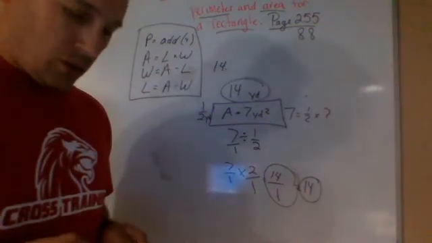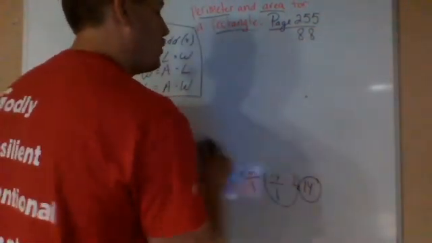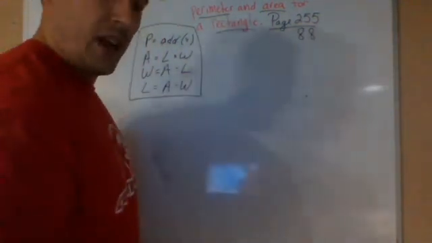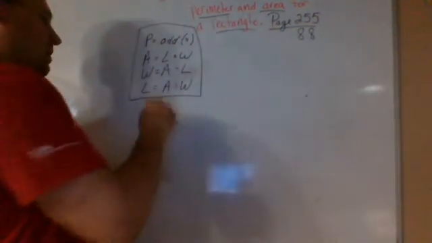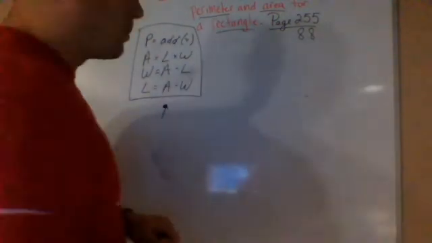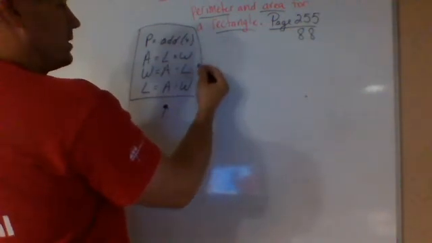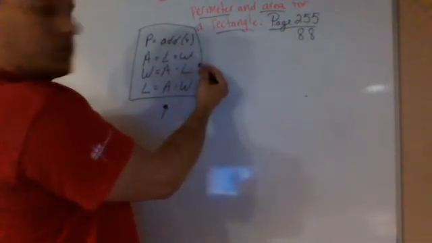So I think the big thing to remember in this whole lesson is to review how you work with decimals and fractions. But the big thing is right here. Maybe I could put this on your homework: perimeter, you add up all the sides; area is length times width.